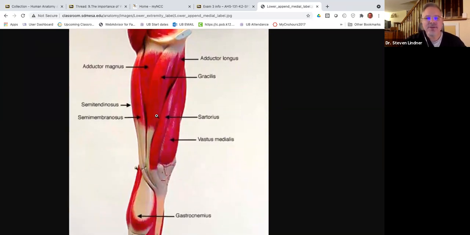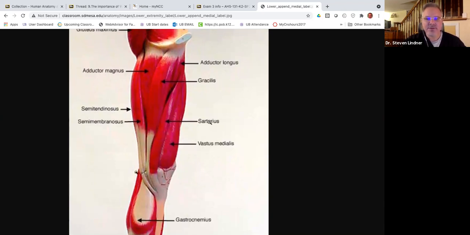You heard me mention the pes anserine, and I said the sartorius, longest muscle in the body, gracilis, second longest muscle in the body, and the semitendinosus all insert on the same place called the pes anserine, which means goose foot.